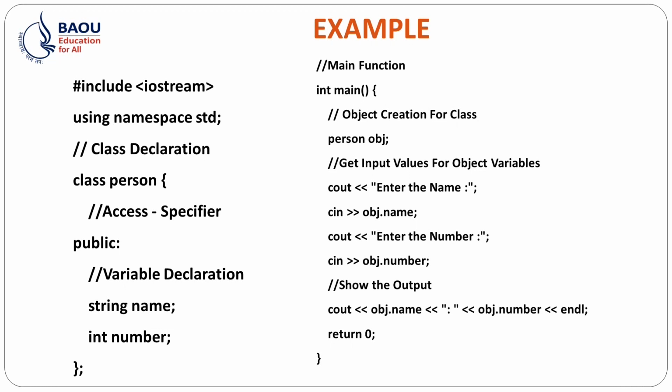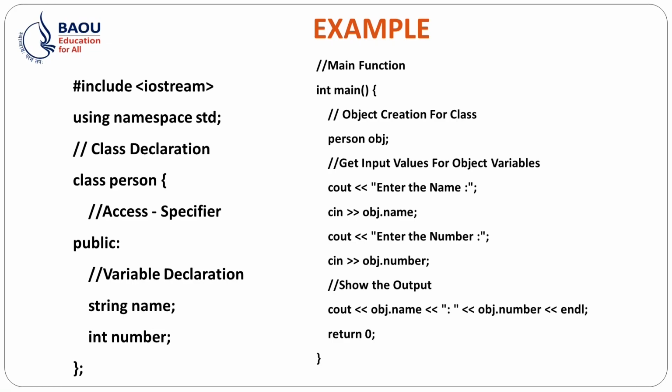Whenever I run this program, in int main, I will create one object, that is person obj, and over here I will get the input into the object variable: cout, enter the name, and in cin I am writing obj dot name. Why?